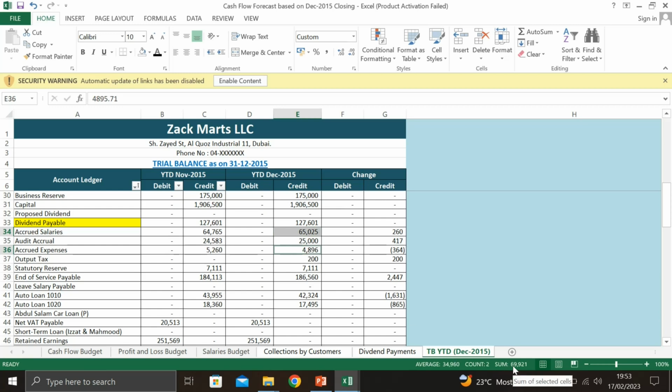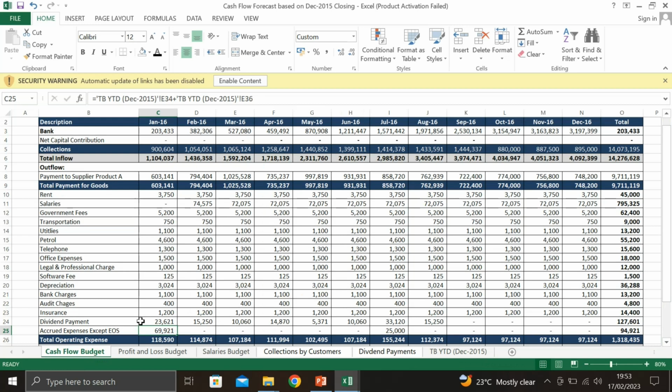It is coming to 69,000. So in our cash flow forecast we forecast that we will pay these salaries. That's why I have removed this from here, because we already made the accrual in December. December salaries we will pay in Jan, so it is already here, and the Jan salaries we will pay in Feb, and the Feb salary we will pay in March. So like this the cash flow is going.